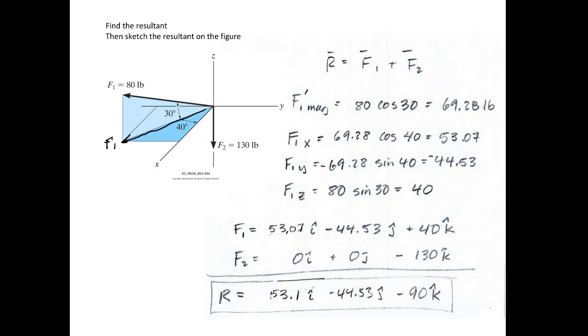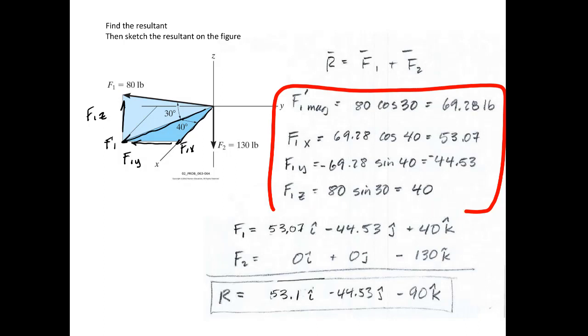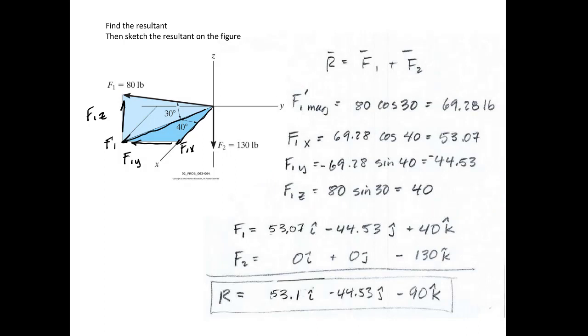We can call there's a component in the x direction, that'd be F1x. This would be in the y direction, F1y. And this would be in the z direction, F1z. You can follow the work here to find out how to describe those three pieces.